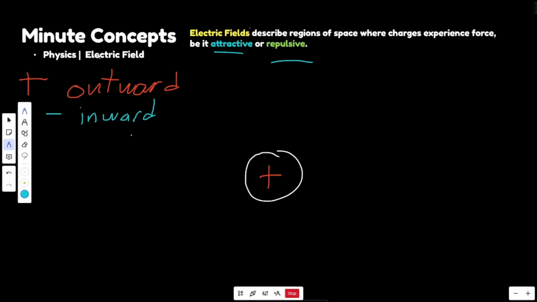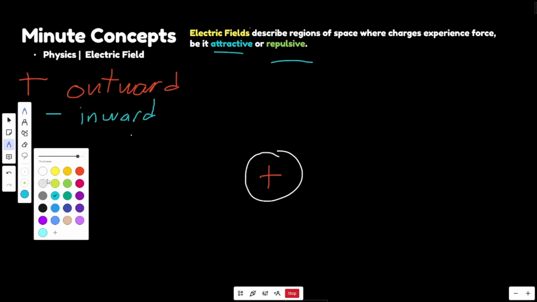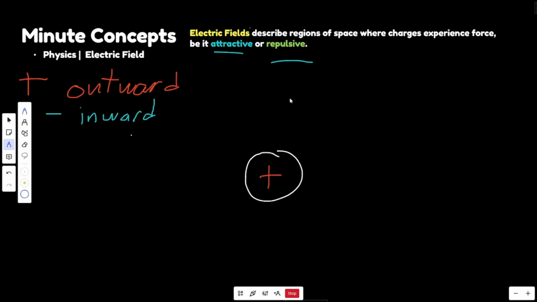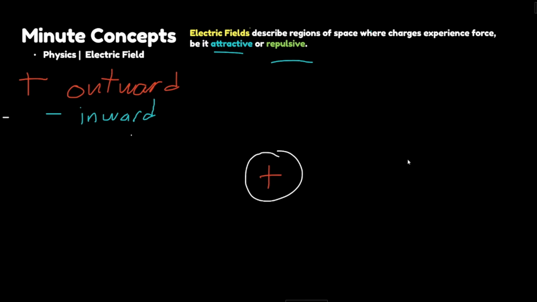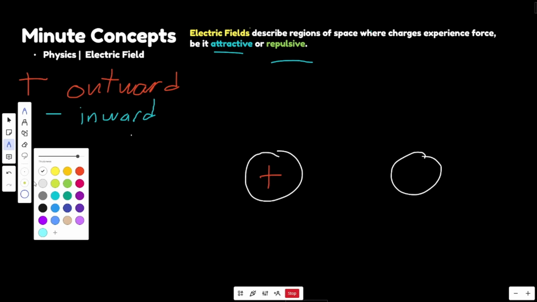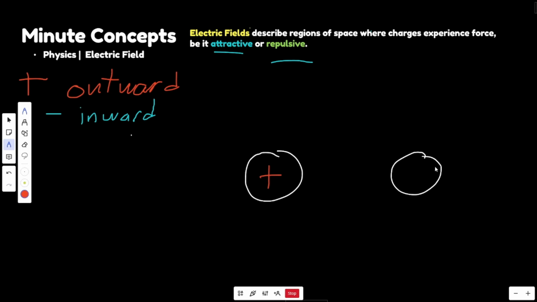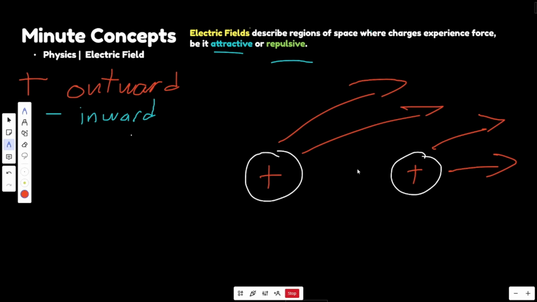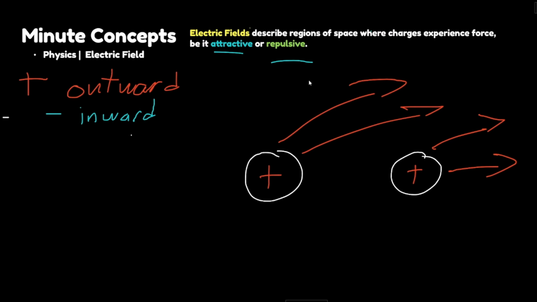Let's say now that we want to measure the electric field of a charge. So we'll bring back another charge here. Let's make it a positive as well, so that they're both going outward. They're both going this way. How do we solve for that? Now remember that electric fields are where they can experience force.